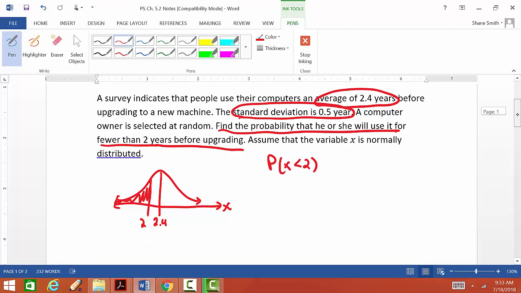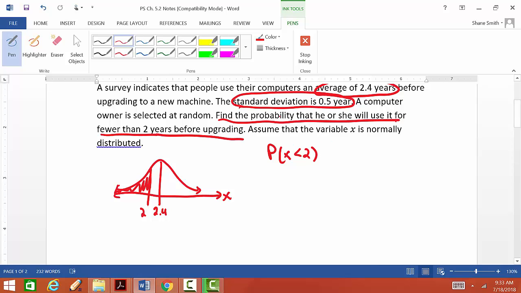To do this, we have to convert the 2 to a z-score, because we want to talk about the probability that z is less than whatever 2 is as a z-score. If you recall, to find a z-score, it's x minus mu divided by the standard deviation. So the z-score is going to be, we're converting the 2, so that's our x value, minus the mean, which is 2.4, divided by 0.5, because that's our standard deviation.